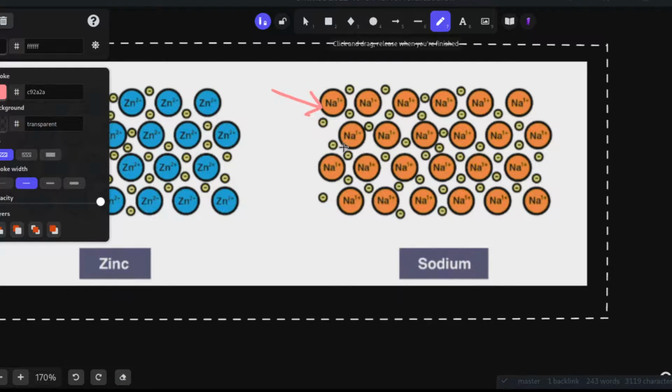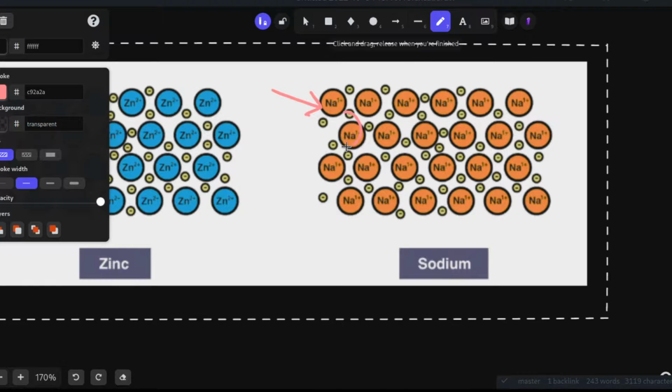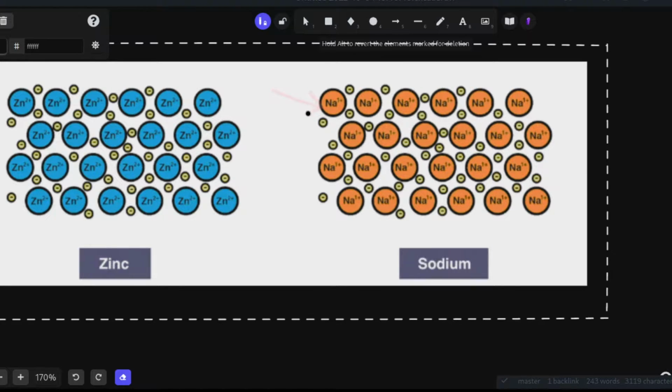They are not bonded to each other, they're attracted to the electrons. So as the electrons are free to move, these large cations are also capable of moving if you provide enough force, and that force can be observed if you bend a metal. For example, if you bend iron, it will bend instead of breaking apart, right? And this is why the properties are like so.